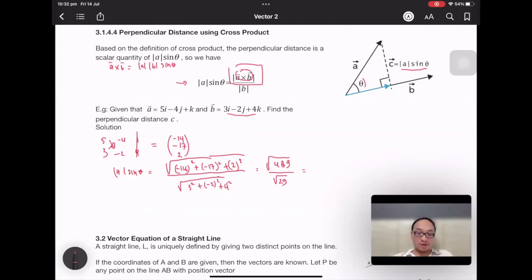So if we put it into the calculator, we will have 4.11.